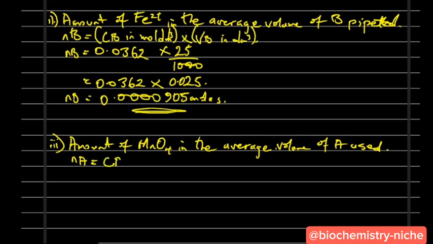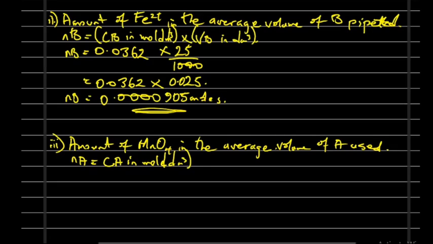NA equals CA in moles per dm cube times the volume of A in dm cube.